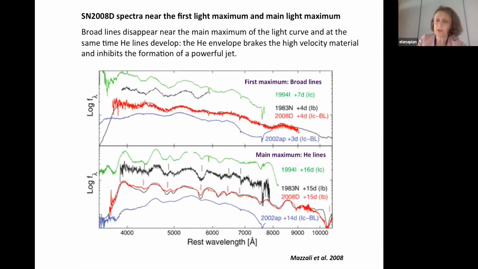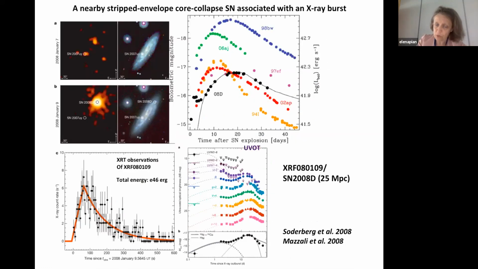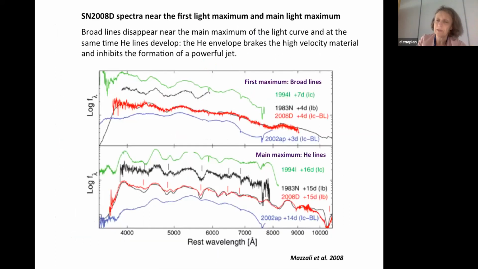So this circumstance, the fact that the associated X-ray event is so weak, has so low energy, and the fact that helium lines are observed, which is very unlike supernovae associated with high energy events, made us think that there is a correlation between having helium lines, this circumstance, and producing only a weak event.